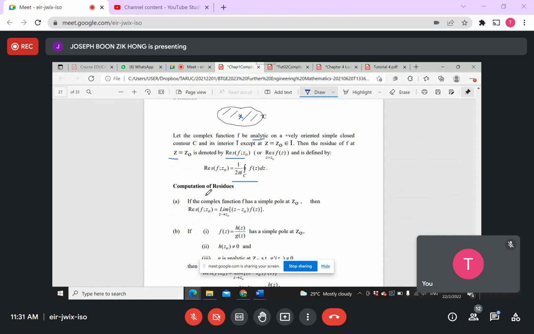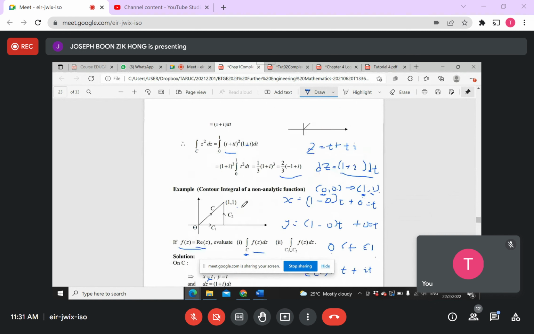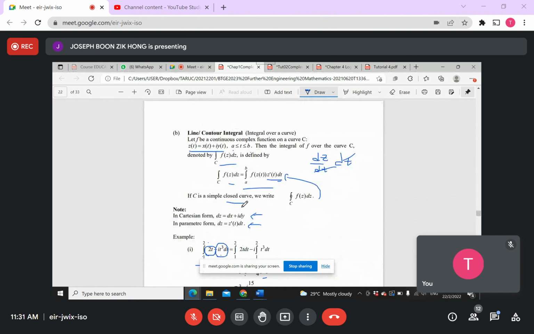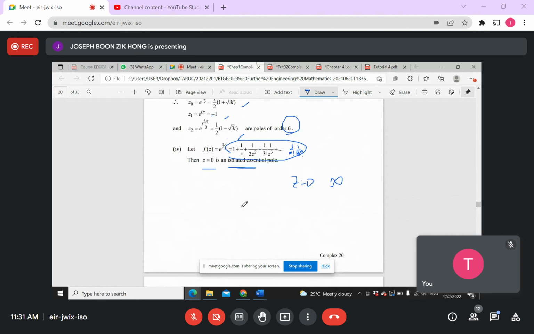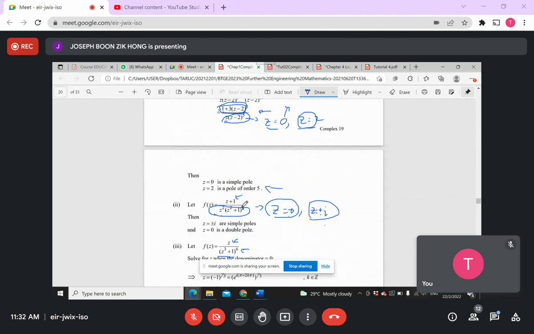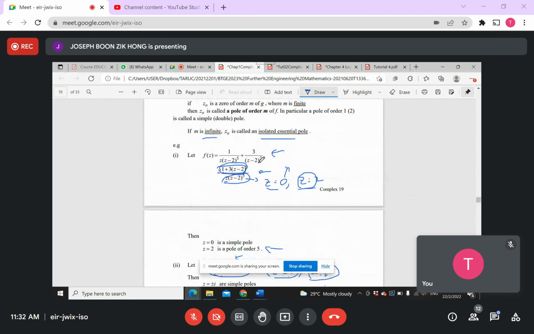How are we going to find the residue if the complex function f has a simple pole at z naught? If you still remember what a simple pole is. Let me see where the simple pole is. Yeah, this one. For example, how do we find the poles of this one?